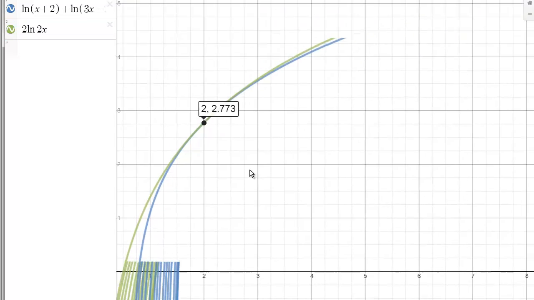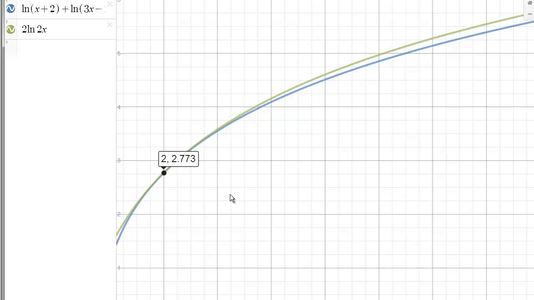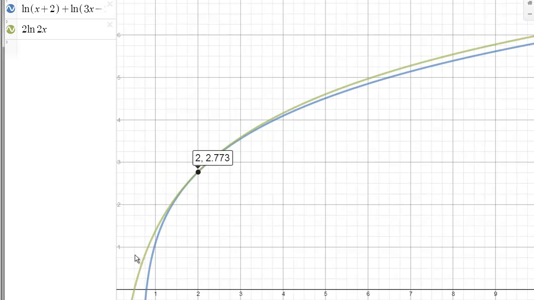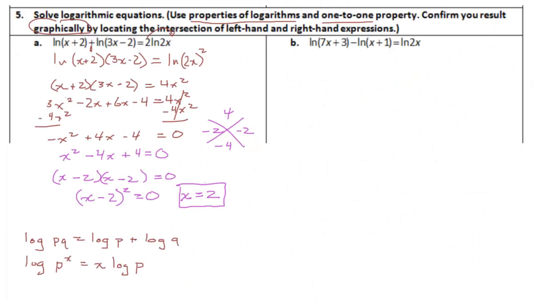It rises a little bit faster, so it's always staying above but just touching right here. All right, so that verifies our answer.